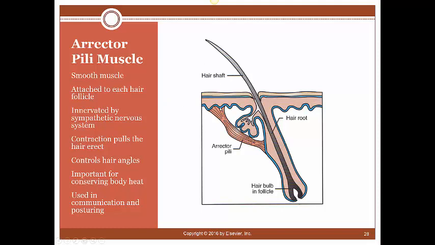And so each hair follicle has one of these erector pili muscles. It is innervated by the sympathetic nervous system, and it also can end up playing a role in posturing.